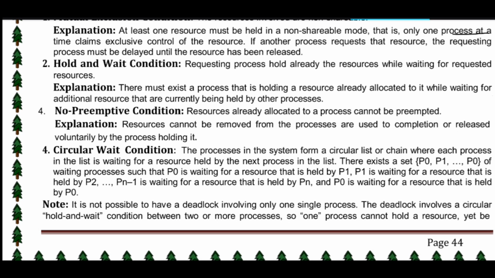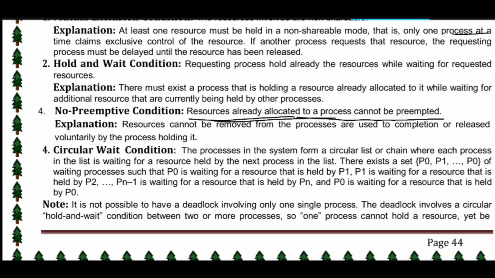Then our non-preemptive condition. What is the non-preemptive condition? I already told you about non-preemptible resources. Resources already allocated to a process cannot be preempted. Those resources which are already allocated, we can't force the process to release.